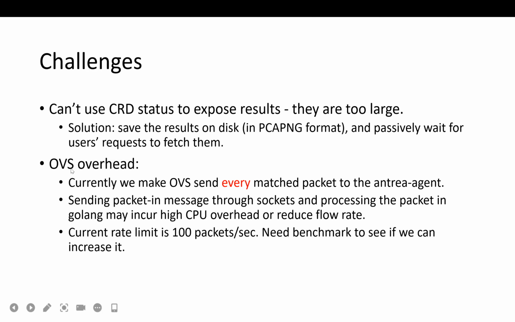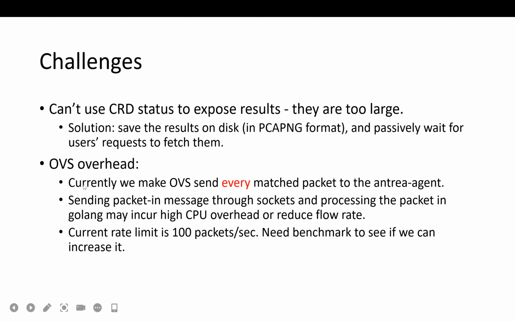The second problem is the possible OVS overhead. Before the change, we only made OVS send the first TCP packet, the TCP packet that starts the connection. So there is no problem.